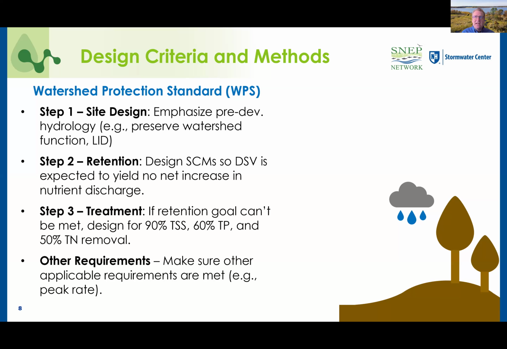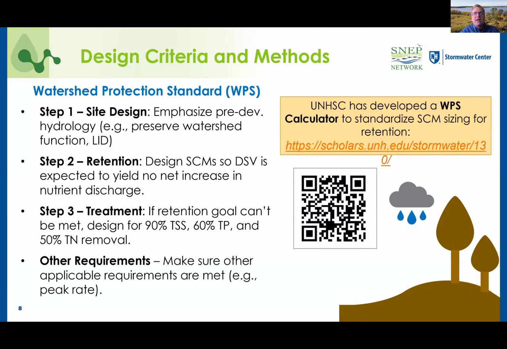We're not going to cover that today, but maybe that's a topic, not necessarily an area of my expertise, but more of a planning question: how to translate the regulatory language into site plan review documents and the overall ordinances that our community regulates development from. Sorry, there's the QR code for the New Hampshire Stormwater Manual if you want to take a look and see how we're implementing it.